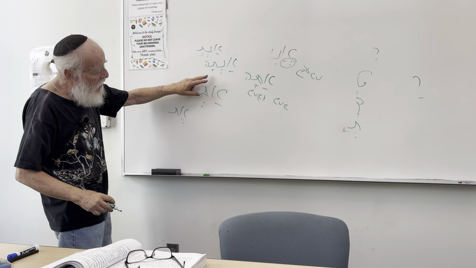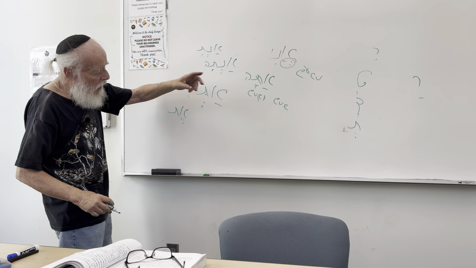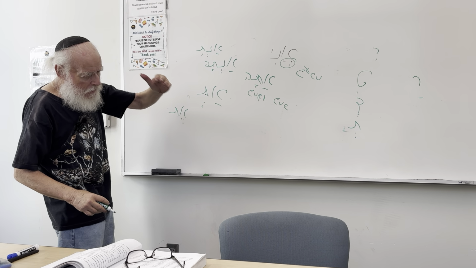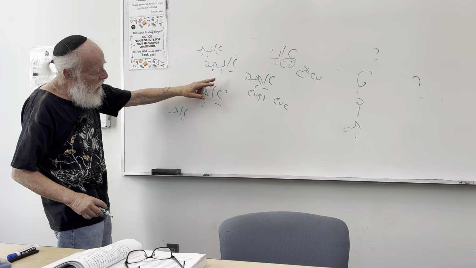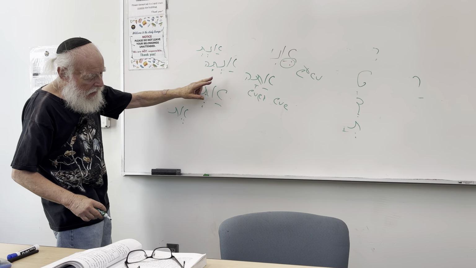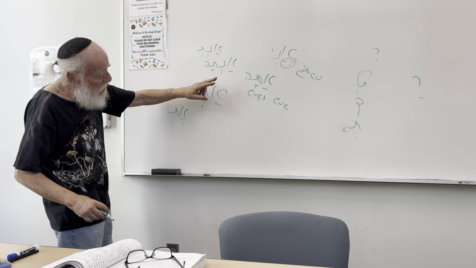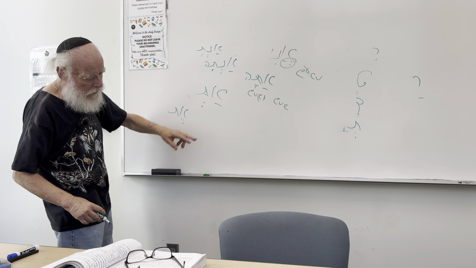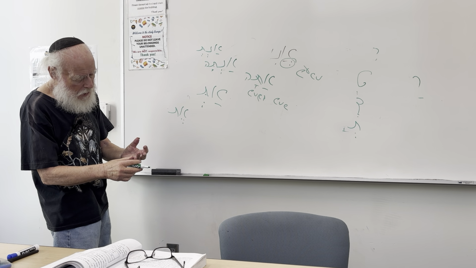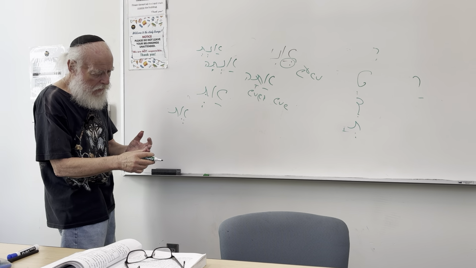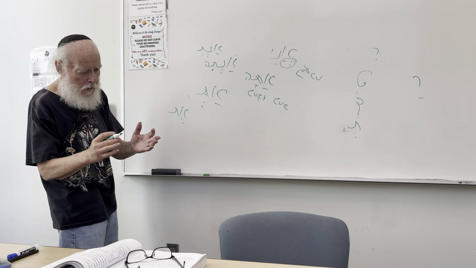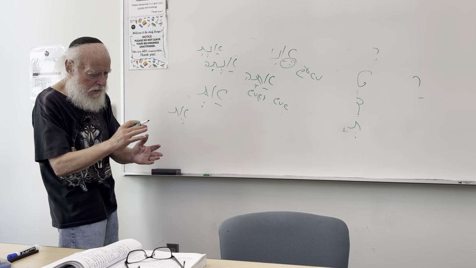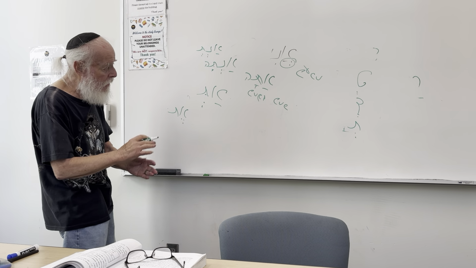In the case of anta, the letter nun in Hebrew, forget about Ugaritic, in the Hebrew language, has a tendency of assimilating into the next letter if there's a sh'va underneath the nun. A word that has a nun in the middle of a word with a sh'va, the nun assimilates, it just falls into the next letter.